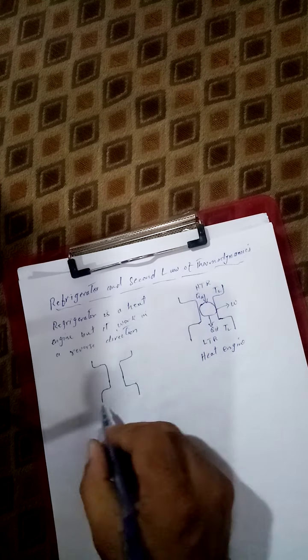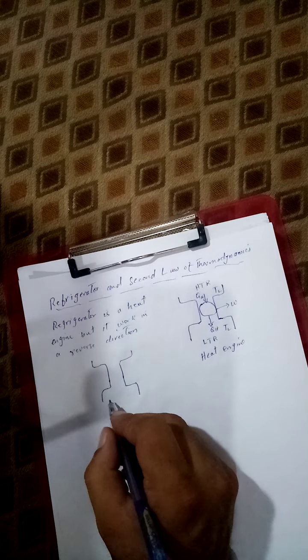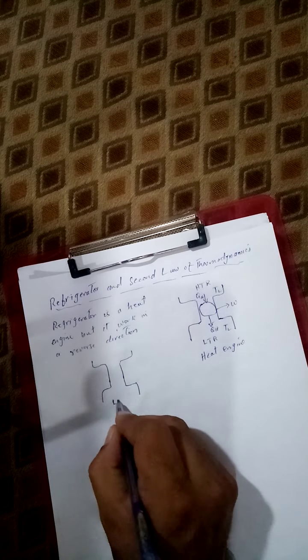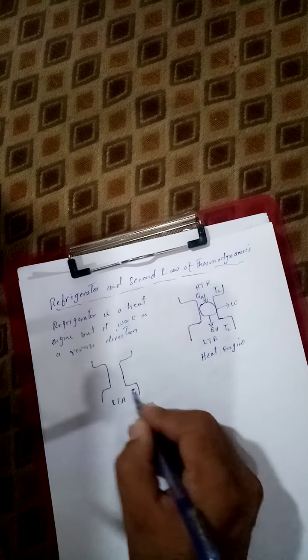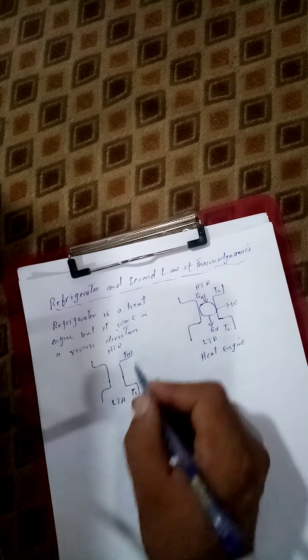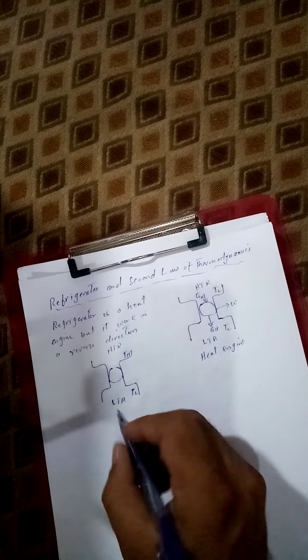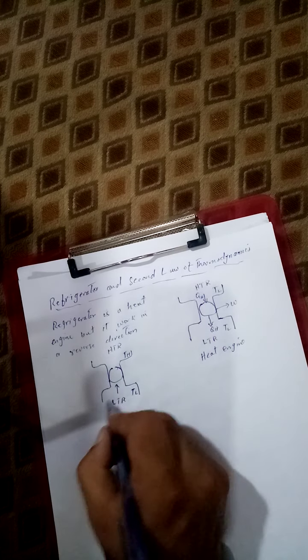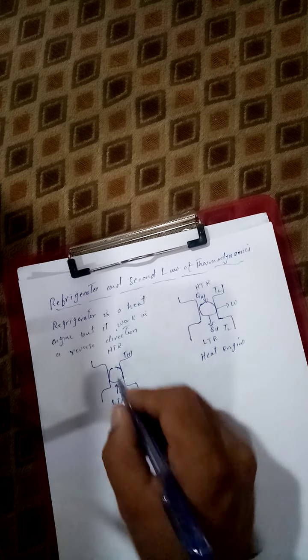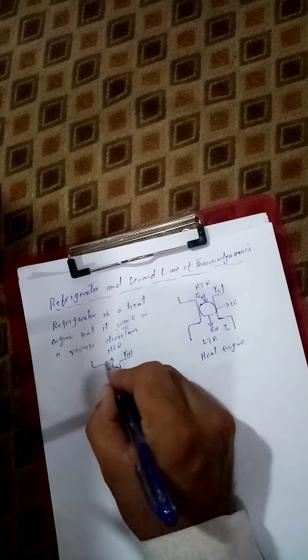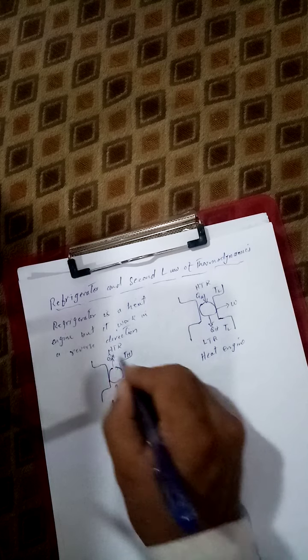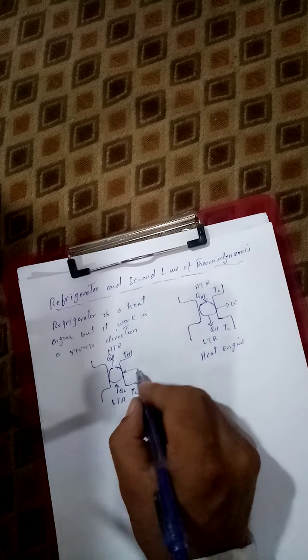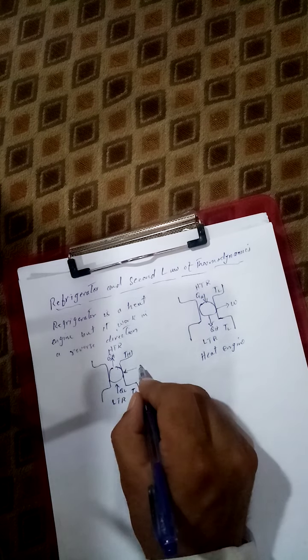We have two temperature reservoirs. One is a low temperature reservoir, its temperature is TL, and one is a high temperature reservoir, and its temperature is TH. And we have this engine. In the refrigerator, heat QL is given by the low temperature reservoir and is delivered to the high temperature reservoir as QH, at the expense of some work which is given here.